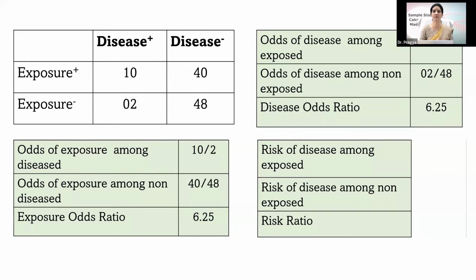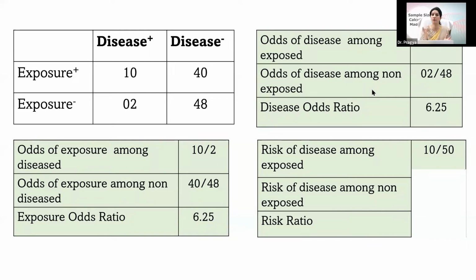You are right, it will be 10 by 50 because in the denominator, you take the whole 50. Now, if you want to calculate the risk of disease among non-exposed, how are you going to do it? I'm sorry, I showed you the answer before I saw yours. Your answer would be 2 by 50.